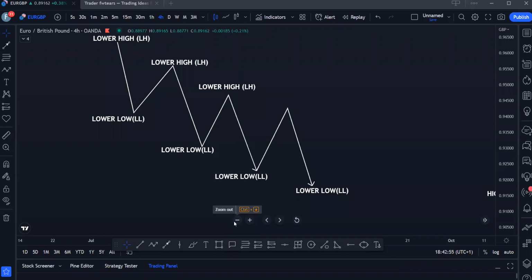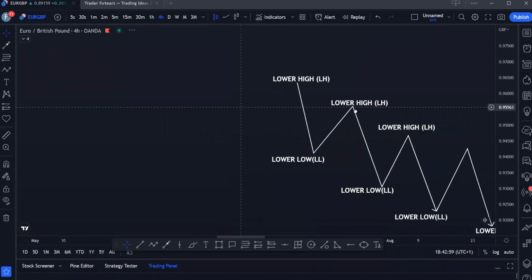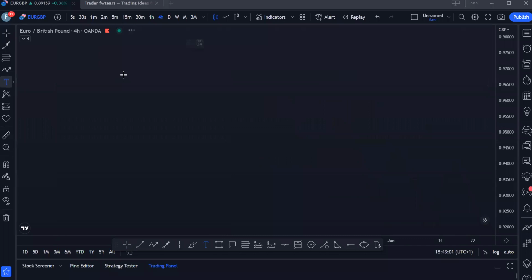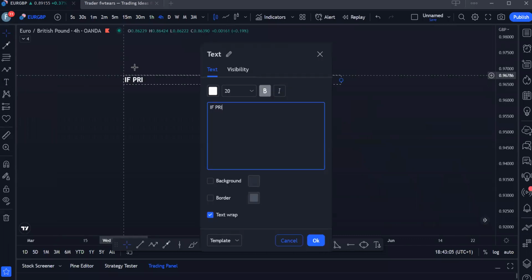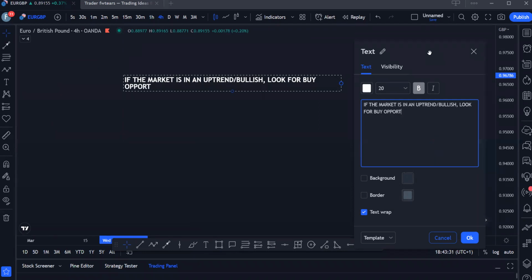Okay, so it is recommended that if the market is in an uptrend, you can use uptrend or bullish interchangeably, it is recommended to look for buy opportunities.